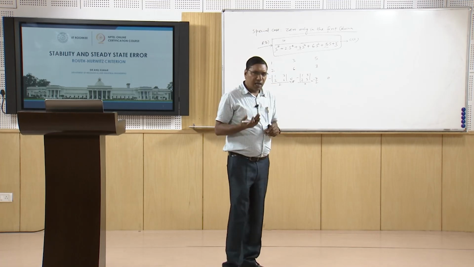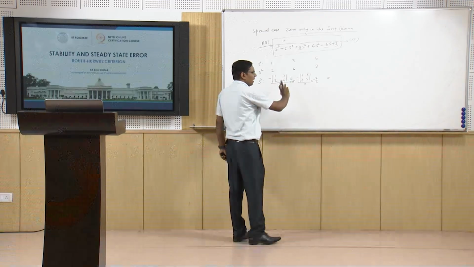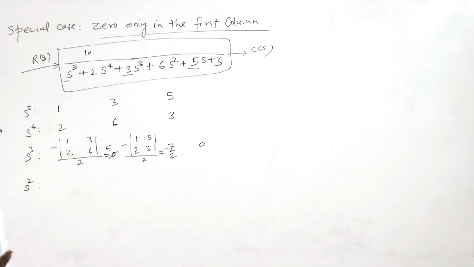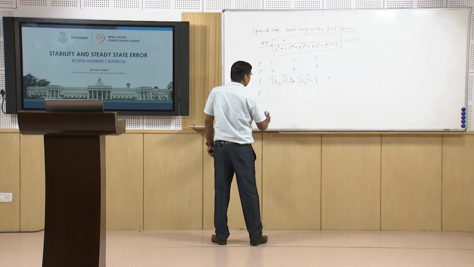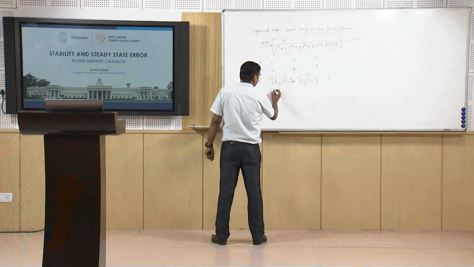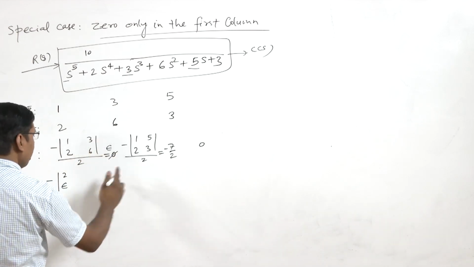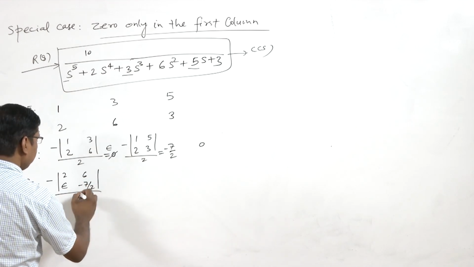In the end we approach this epsilon as plus 0 or minus 0, and we see what the sign change is. So, let us give this as epsilon, and now we calculate this table. Here we have 2 and epsilon, and then 6 and minus 7 by 2 by epsilon.